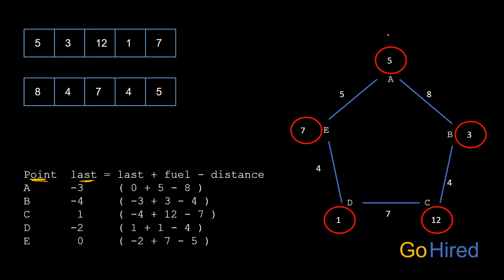So initially we had 0 liters of petrol, plus 5 liters I got, minus 8 I have to travel. So at point A, there is -3 liters of petrol. In that way, at B, I will have -4 liters of petrol. The same thing we calculated over here, right? And at C, I have 1 plus 1. So the first time I'm getting a positive petrol, that can be my point, or whatever is the least petrol possible.